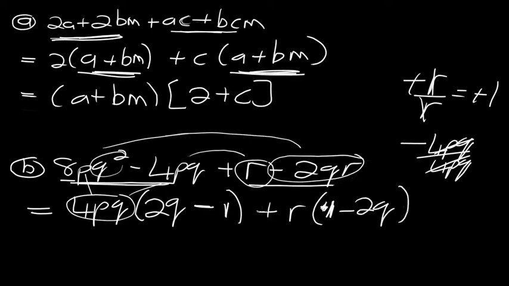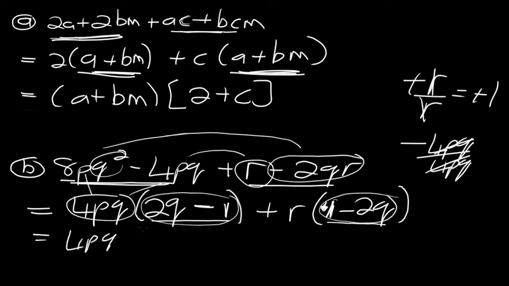Now here again, we will deal with the changing of the signs, because this is 2q minus 1, this is 1 minus 2q. So generally, what you'll do is you'll change this one around. But in this case, to make it easier, we'll change this one around, and then you will sit with 2q minus 1.